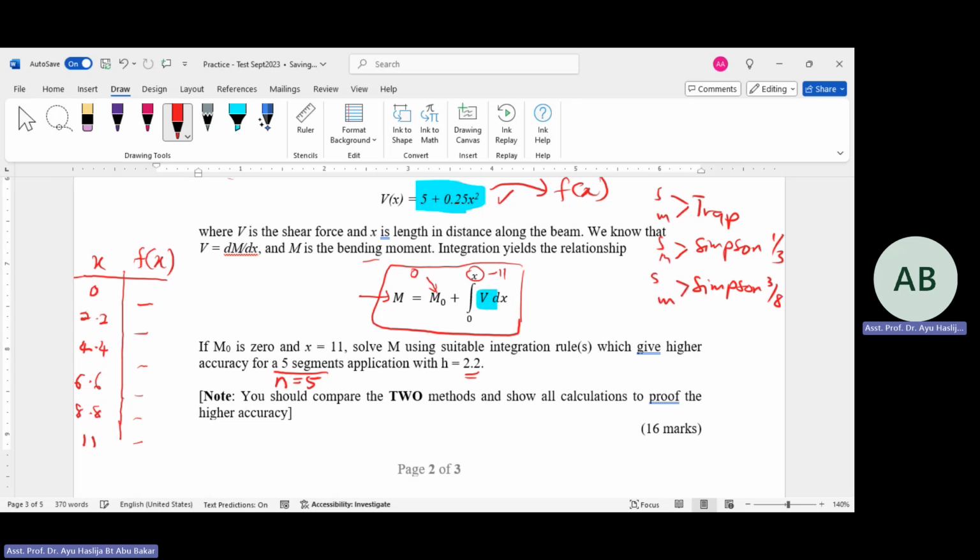Now, this is an open-ended question. You should choose your own combination or your own rule application. What do you suggest? Remember, n equals to 5. That is your constraint.